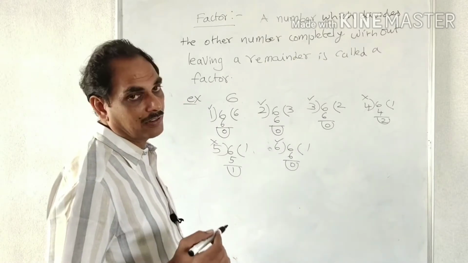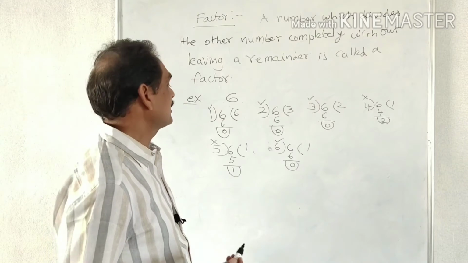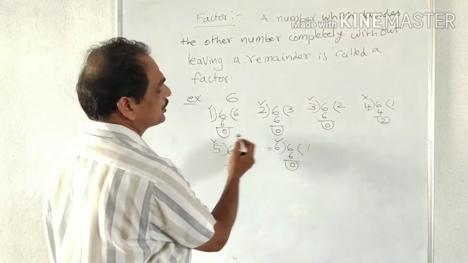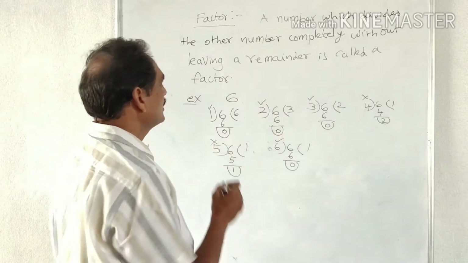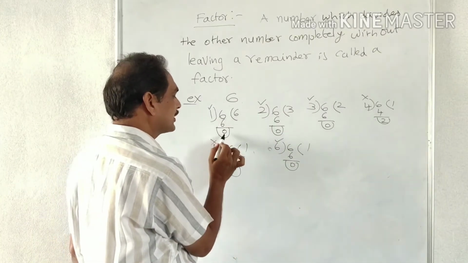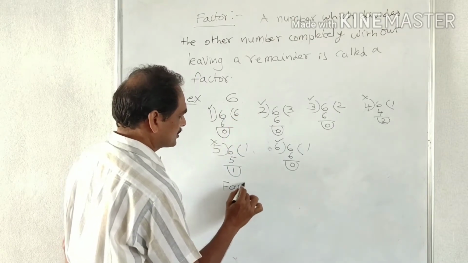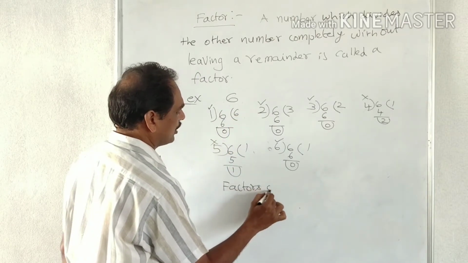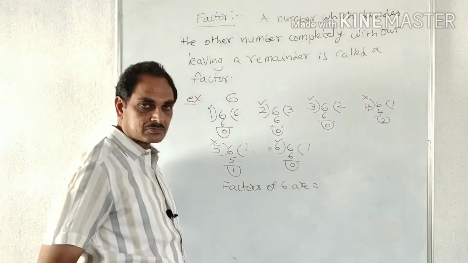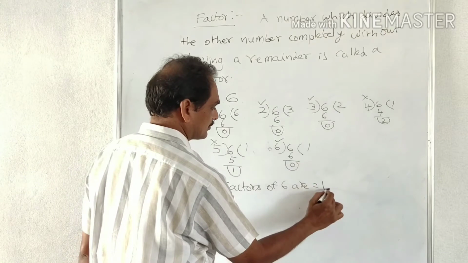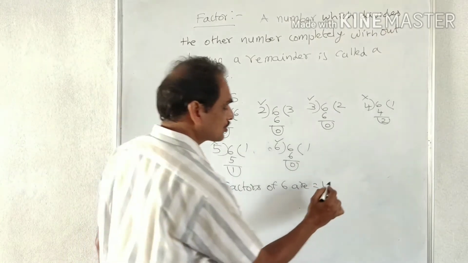Now we cannot divide 6 by 7. So we get remainders 0, 0, 0, 0, four zeros. When we divide 6 by 1 we get 0. Then we say that the factors of 6 are: the first number is 1, and the other number which divides 6 completely is 2.